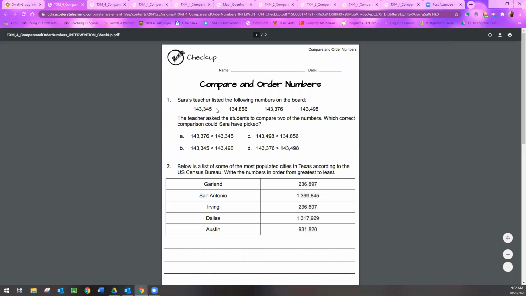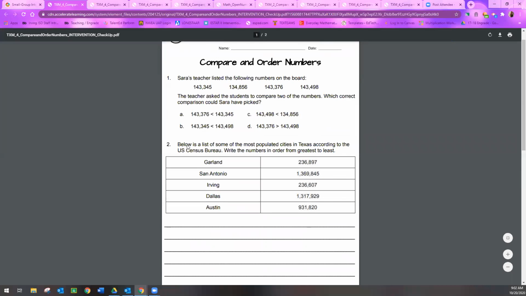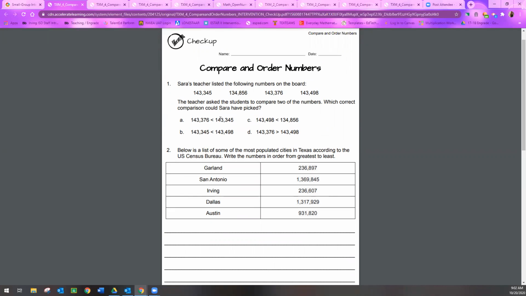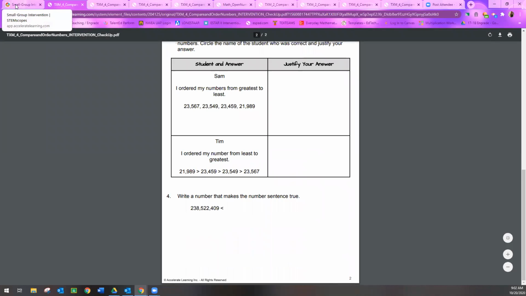So if you look at the student checkup, you can see that it has 4 questions. So I may not want to give all 4 questions at once. That would take our tier 3 students a long time. What I might want to do is after a couple days of teaching the lesson, give them 1 question, see how they're doing. Then move on to the second question the next couple days. And then by the end of the week, then they can accomplish the whole checkup.